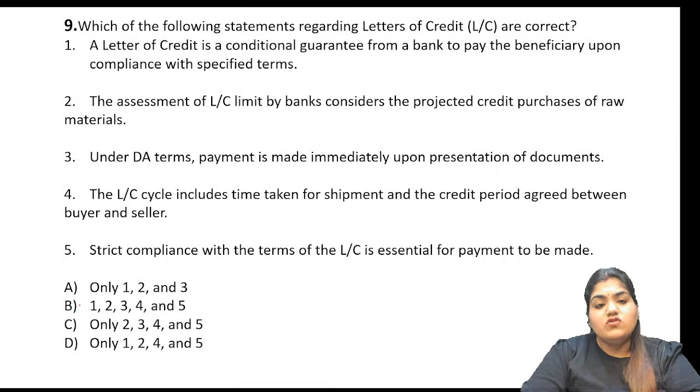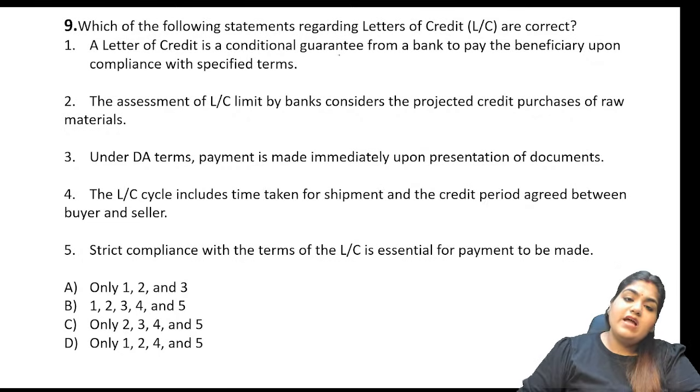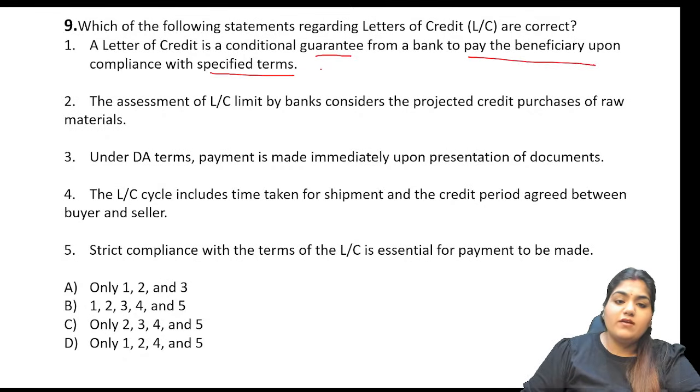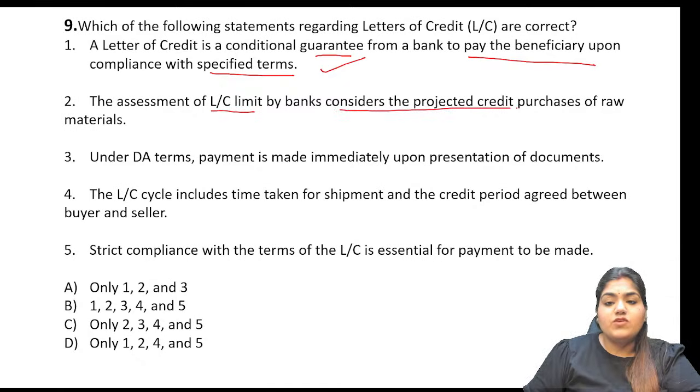Next question. Which of the following statements regarding letter of credit are correct? We did this topic in the morning, right? The letter of credit is an unconditional guarantee from the bank to pay the beneficiary upon compliance with the specified terms. Yes. The assessment of LC limit by the bank considers the project credit purchase of the raw material. Correct.